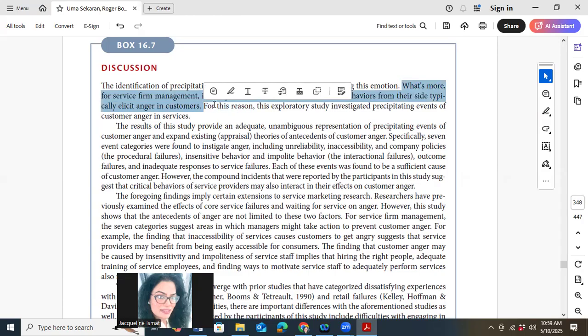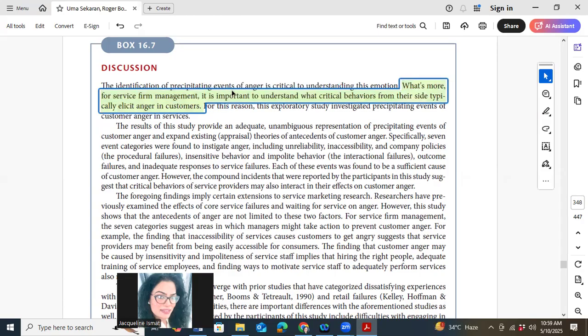Service management should know what elicits anger in customers. This basic necessity is to investigate precipitating events of customer anger in service. The results of this study provide a complete and unambiguous representation of the events, and it expands on appraisal theory.